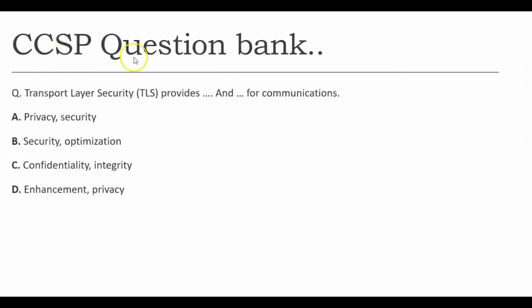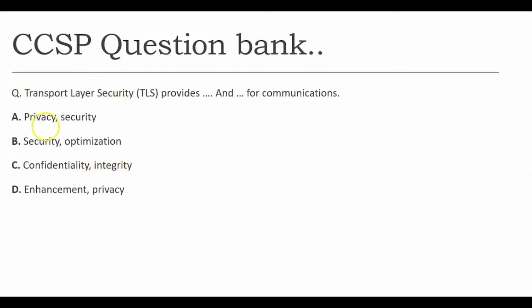There is one question I have taken from the CCSP question bank itself. Transport Layer Security, TLS, provides which and which for communication? As we have seen, the three important concepts of cryptography are confidentiality, integrity, and availability. We also sometimes call confidentiality privacy. So TLS provides both confidentiality and integrity, because the data is over the internet. The data should not be seen by an unauthorized person and should not be modified.